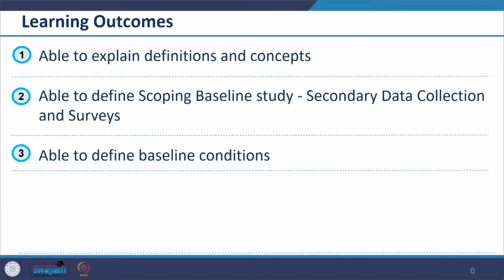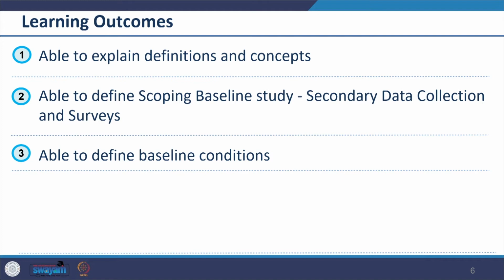And the learning outcomes expected from you after completion of this session is that you should be able to define certain key concepts and items in this. And then you should be able to list various information that are needed in order to undertake coastal geomorphology and various habitat study. And then you should be able to review the purpose of scoping when you're dealing with coastal area.